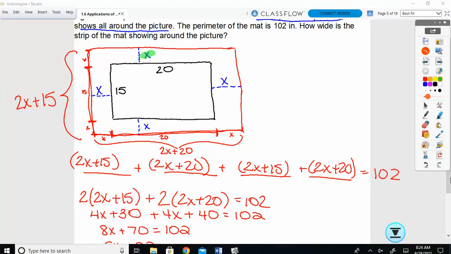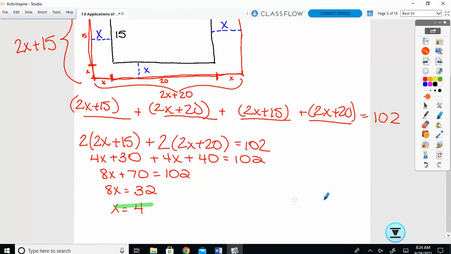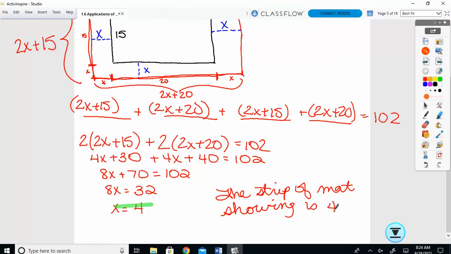The strip of the map, that was x, and so we got x to be 4. So, the strip of map showing is 4, what were my units? Inches. Inches wide.